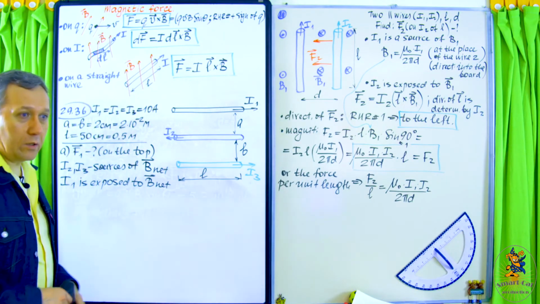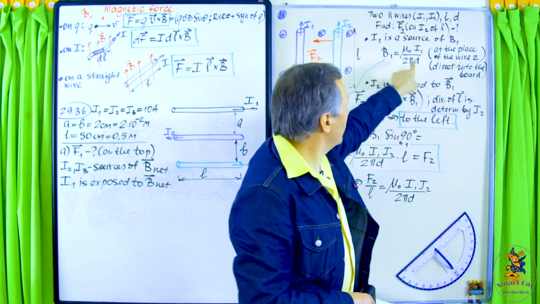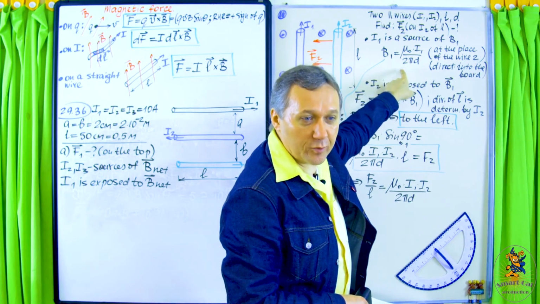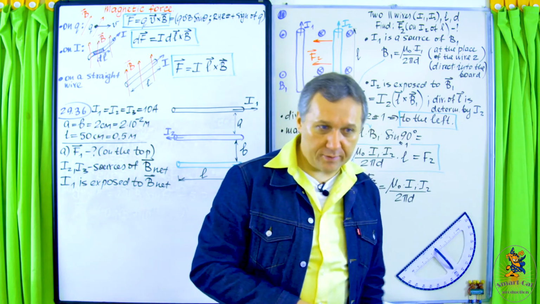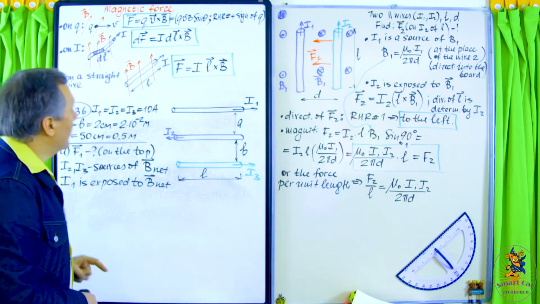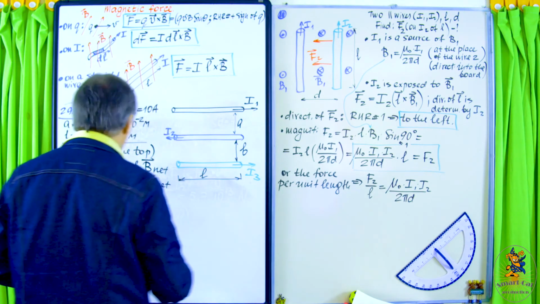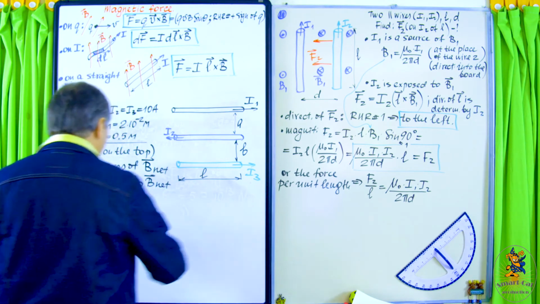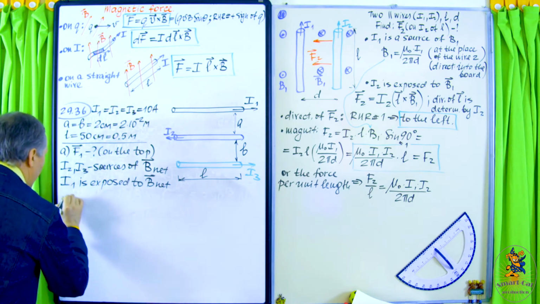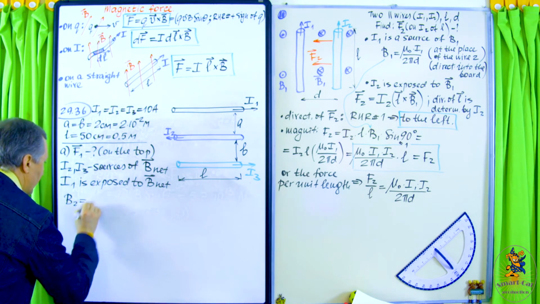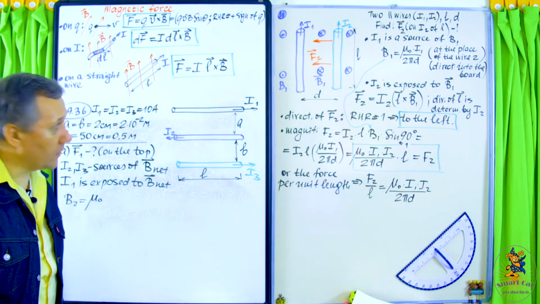Now, here it was simple because we had only one source, so we wrote only one formula, but now we need to write formulas like this twice, for B2 and for B3. But first, let's draw directions. So first, let's start with B2. The B2 magnitude will be mu naught I divided by 2 pi r, the same formula.